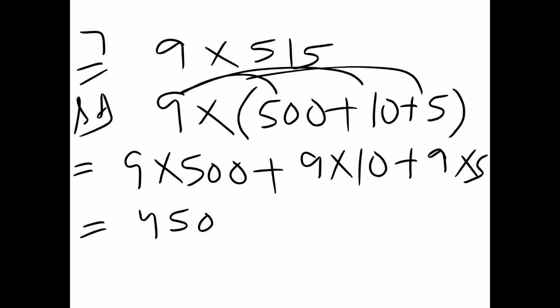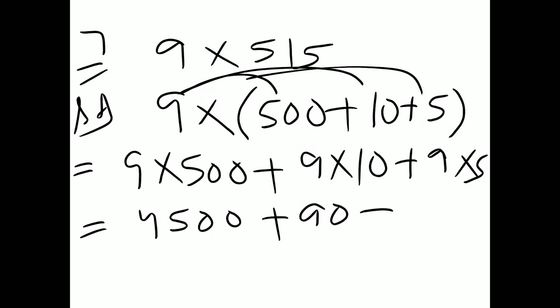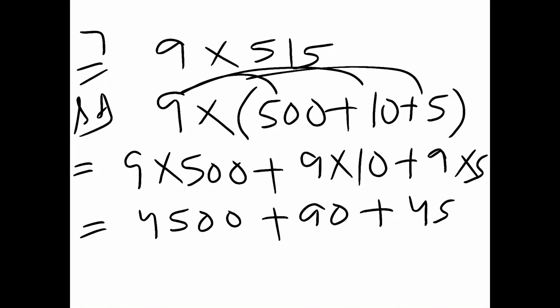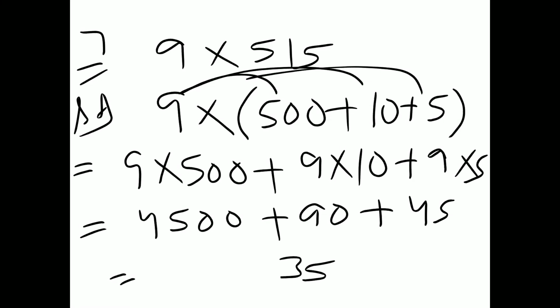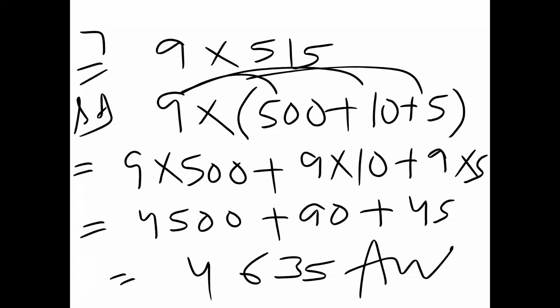There will come 2 zeros. 9 10s are 90. 9 5s are 45. 5 plus 9 plus 4, 13. 5 plus 1, 6. 4. You can add in rough also. Clear?